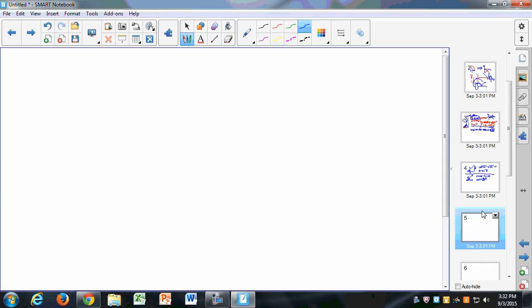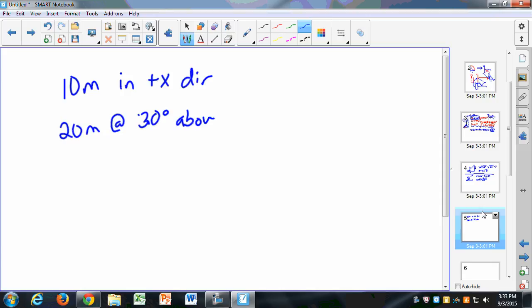Yeah, there's a homework problem like that. Yours will be slightly simpler. I'll give you one where you have a vector. Say a guy travels 10 meters in the positive x direction and 20 meters at 30 degrees above the plus x-axis. And I ask you what is the magnitude and the direction of his displacement.